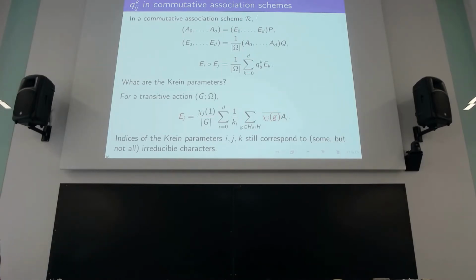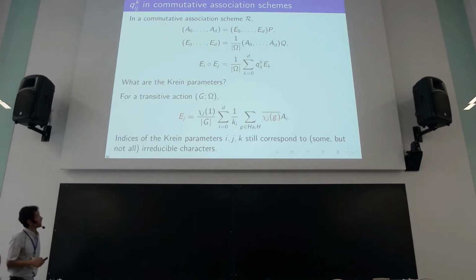The entries are given in terms of characters. It's abstractly true that they are a basis, so there are some coefficients expressing Ej in terms of Ai, and the coefficients are explicitly computed using this formula, written in terms of characters.